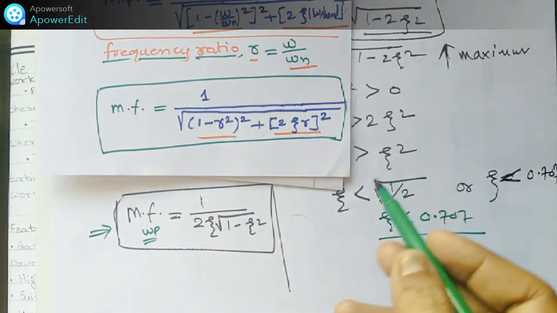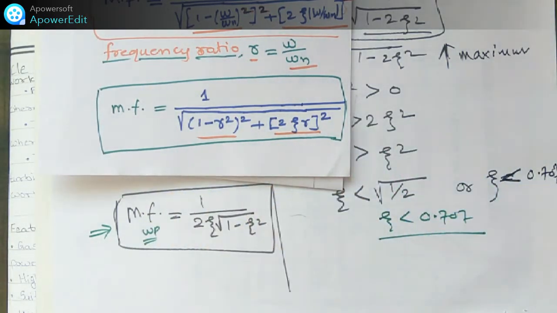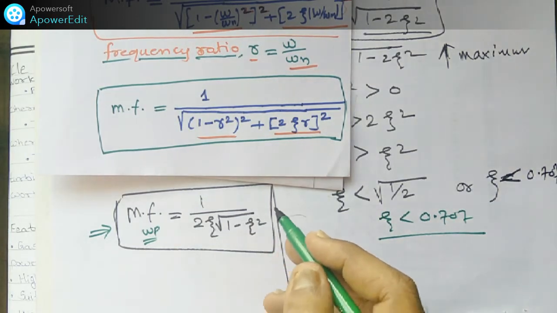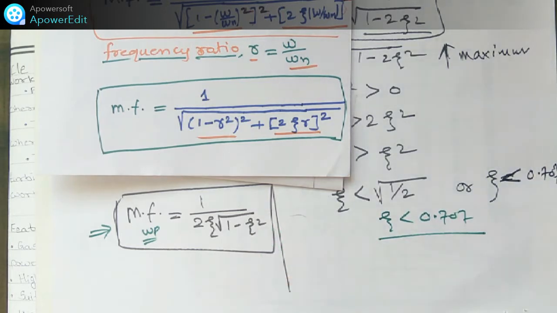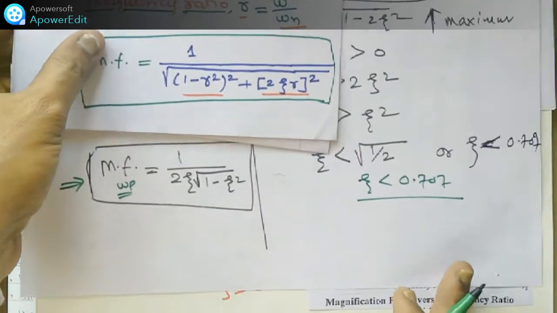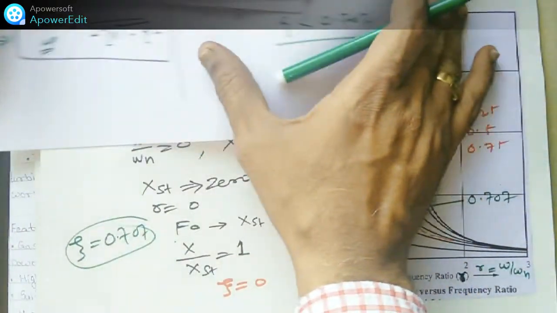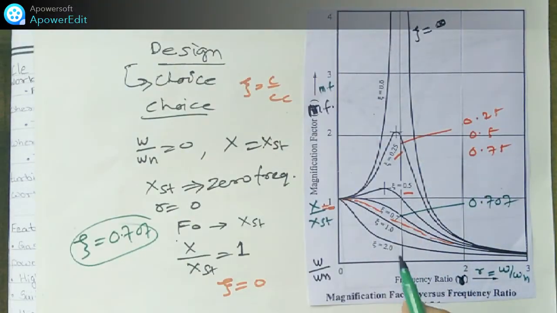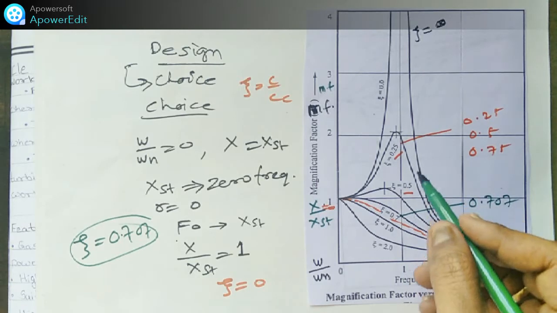So this is only a function of damping. If we decrease the damping, we can find these peaks. We see that if we decrease the damping, in this graph, we are tending towards the maximum peak value.